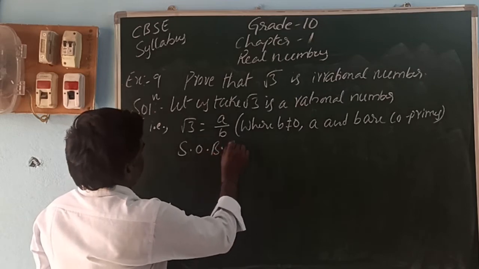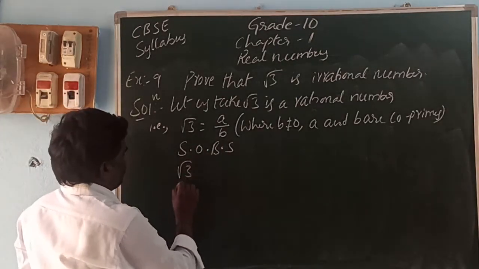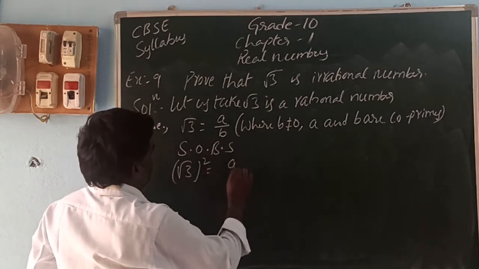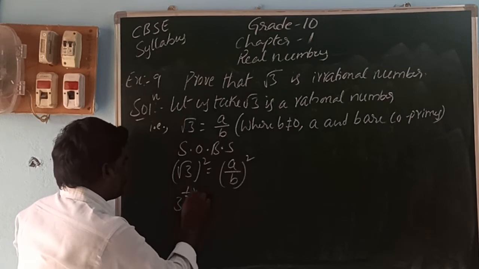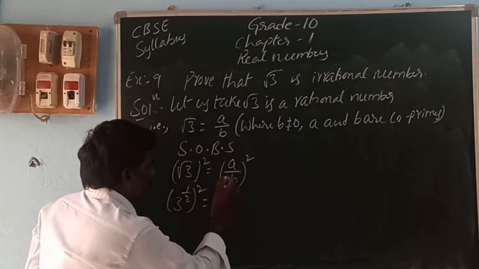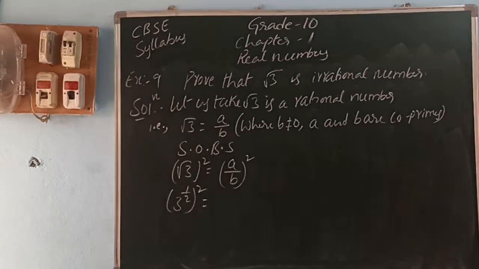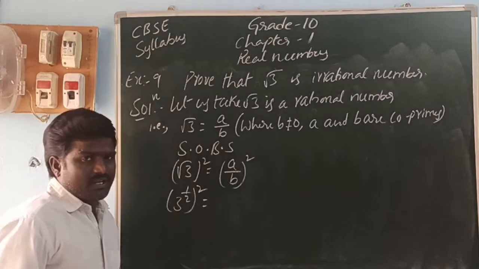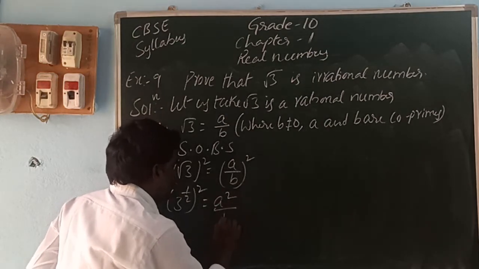So square root means the exponent form is 1 by 2. So that is (root 3) whole square is equal to (a by b) whole square. Here (3 power 1 by 2) whole square is equal to (a by b) whole square. Here we can use the formula (x by y) whole power m is equal to x power m by y power m. That is a square by b square.